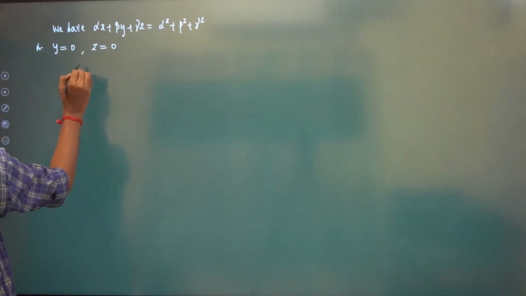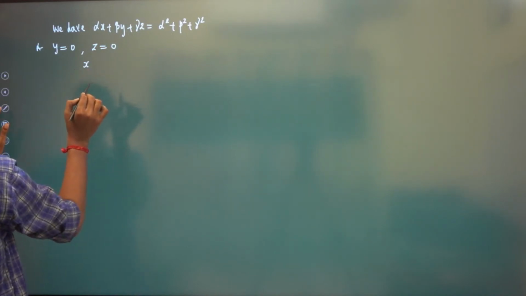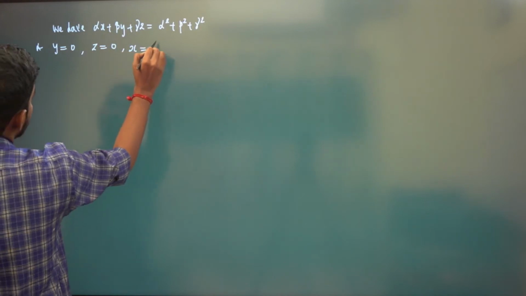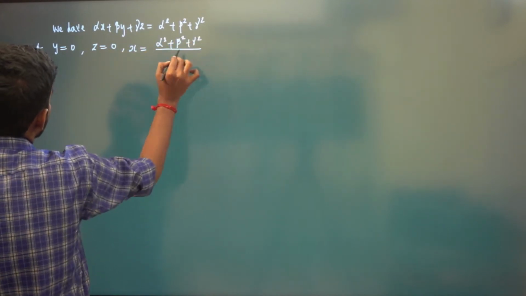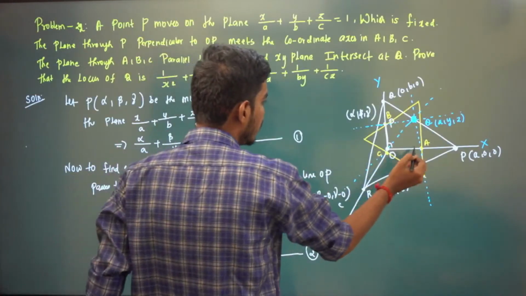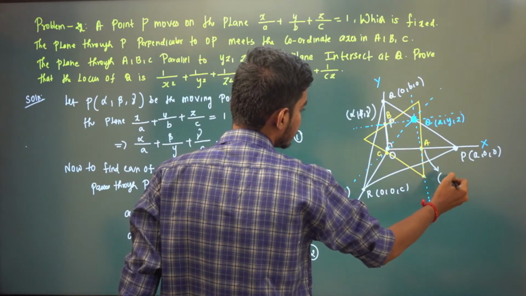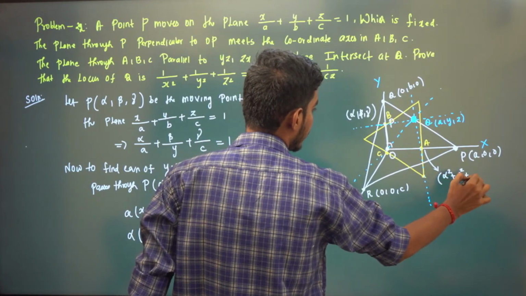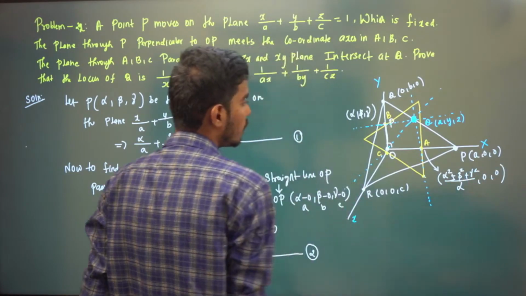So y is 0, z is 0, so we have x is equal to alpha square plus beta square plus gamma square divided by alpha. This is our x point. The x intercept is alpha square plus beta square plus gamma square by alpha comma 0 comma 0. This is the point A.